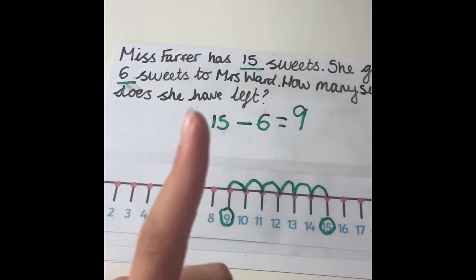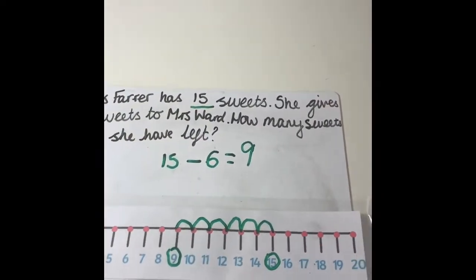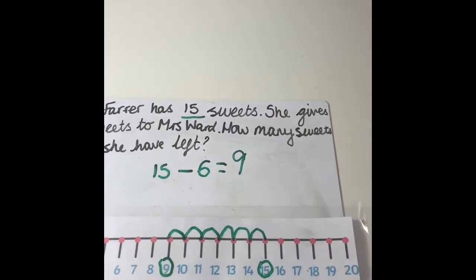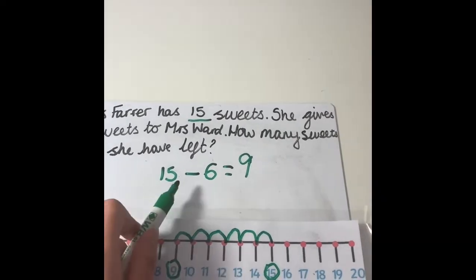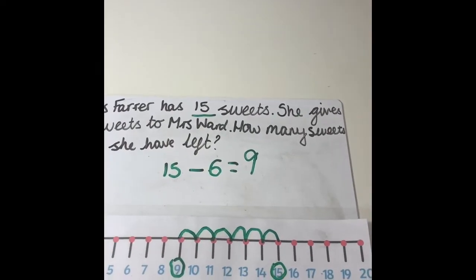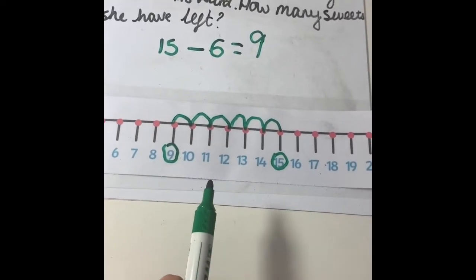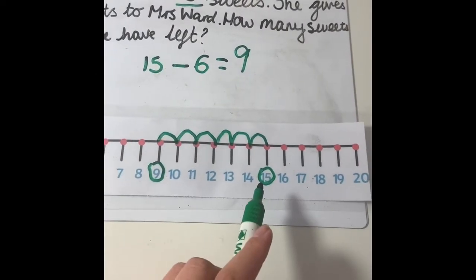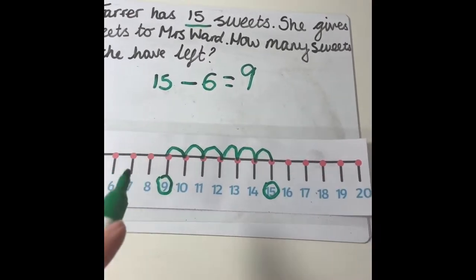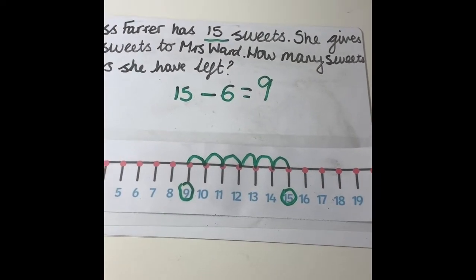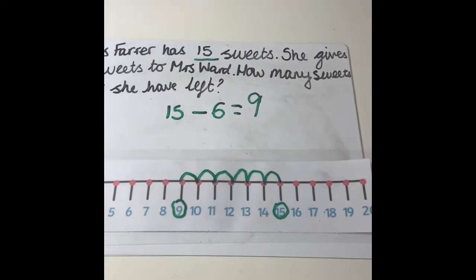So, rule 1, underline the numbers. Rule 2, find out what kind of question it's asking you, whether it's an addition or subtraction. Then move on to your number lines. Start with the biggest number, jump back however many it tells you, circle the number you land on. Okay, let's do one more and then you can have a go yourself.